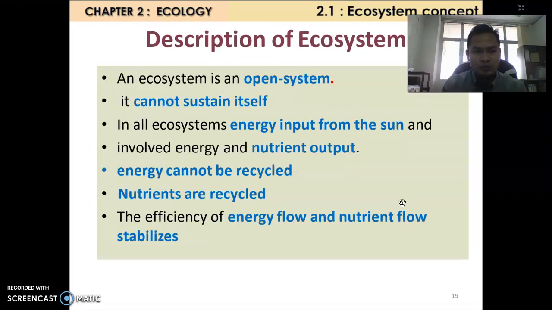So jadi saya suka untuk bawakan kepada kamu untuk fahamkan ekosistem ni bahawa dia adalah satu keadaan sistem alam, ya, yang terbuka. They are an open system. Please understand, this is an open system. Means that they need one another. They need the biotic component, they need the abiotic component, related to one another.